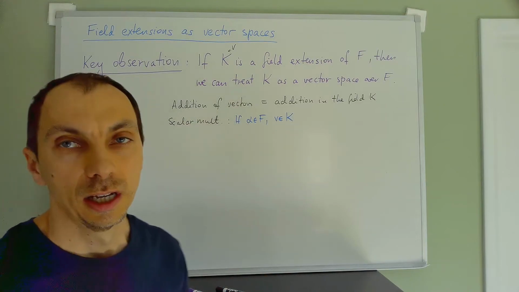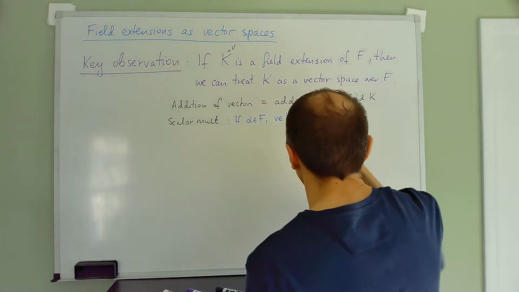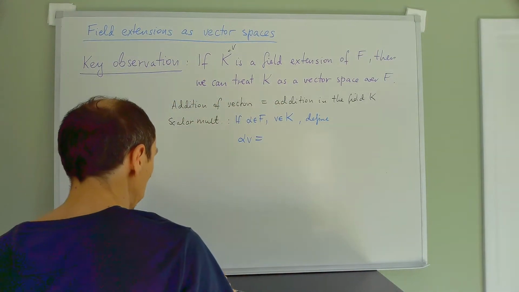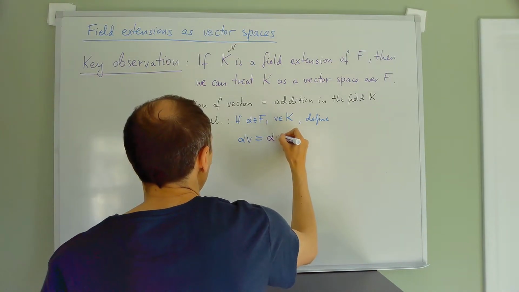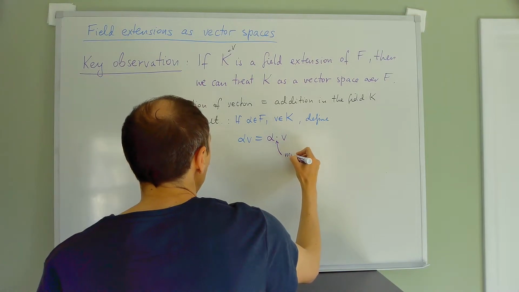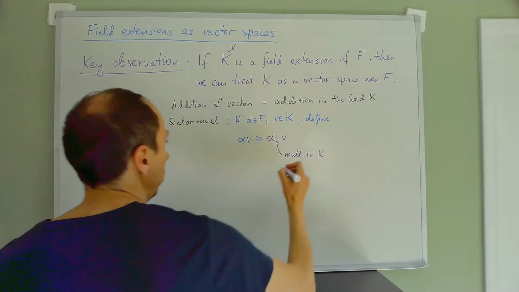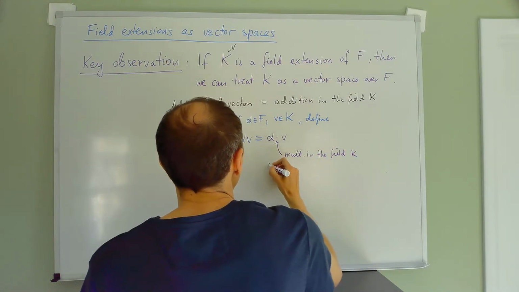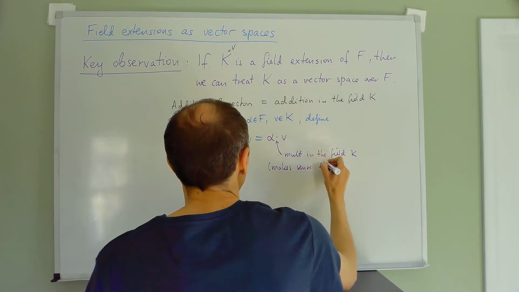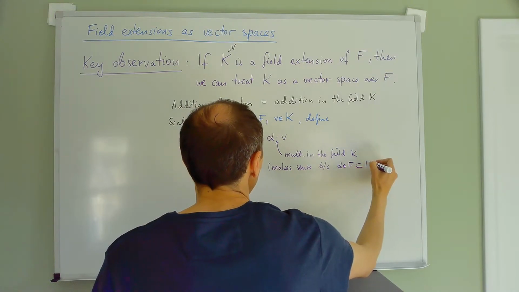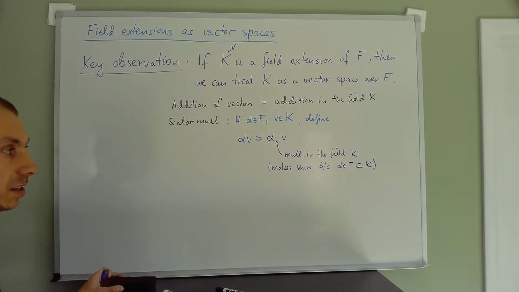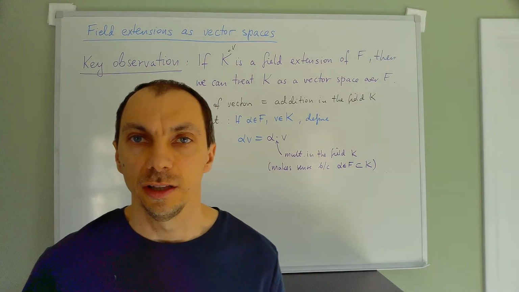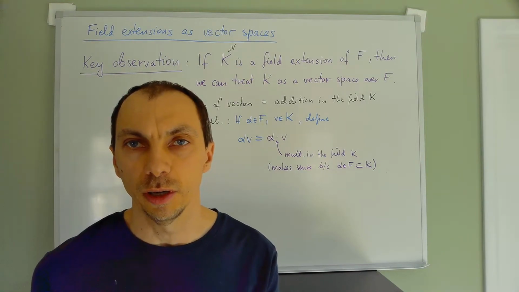But for this particular observation here, I'm going to write v as an element of K. Define alpha v to be alpha times v, where this times here is multiplication in the field K. And I'm just going to say this makes sense because alpha, which is in F, is also an element of K. Yes, F is a subset of K, so alpha is also an element of K. So we just saw this done when F was the reals and K was the complex numbers.